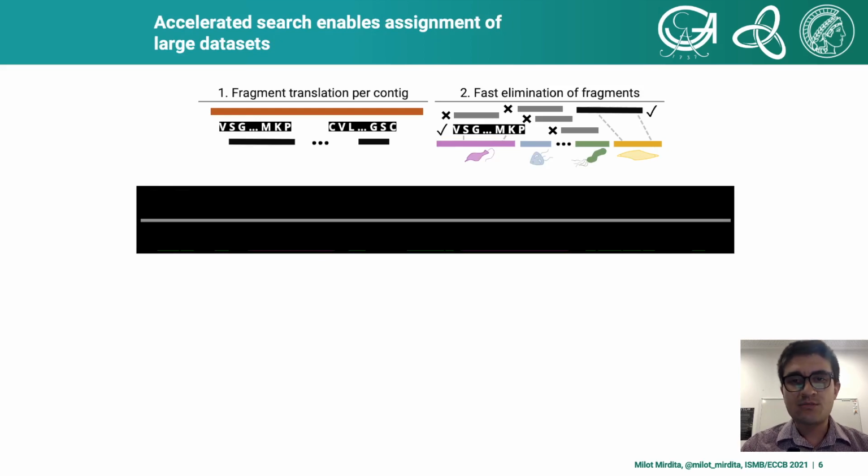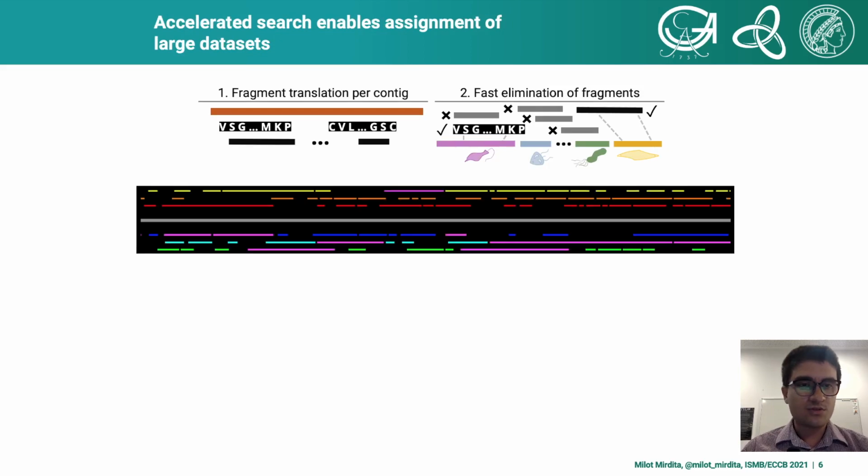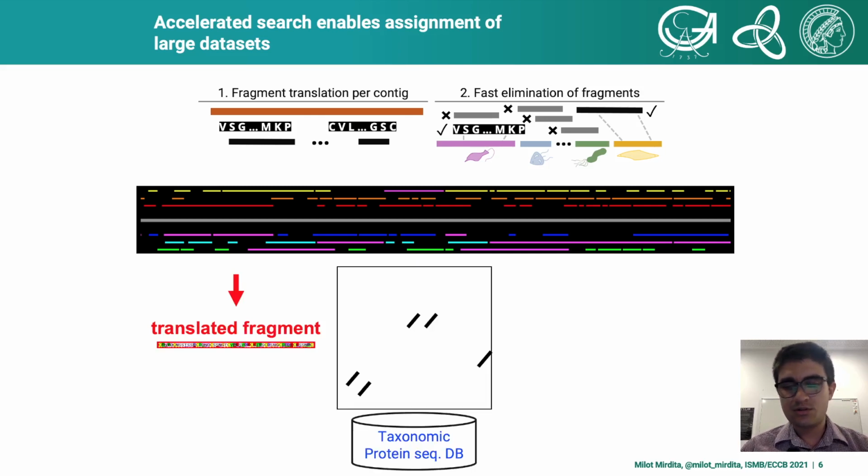However, now in the taxonomic assignment we face a different issue. From one contig, on both strands in six frames, we extract a lot of fragments, and all of these fragments require homology search. To speed this procedure up, we implemented a fast rejection procedure, also based on the pre-filtering algorithm, however without its ungapped alignment stage to speed it further up.